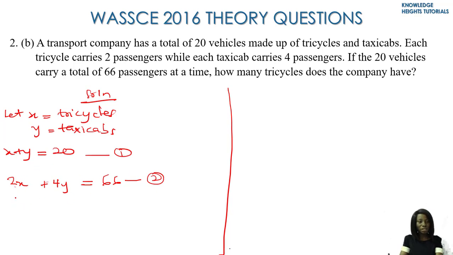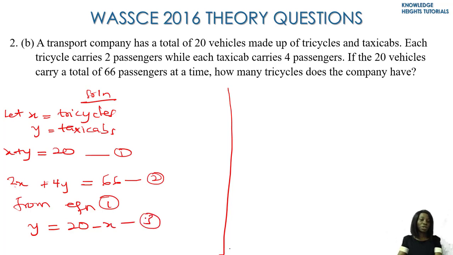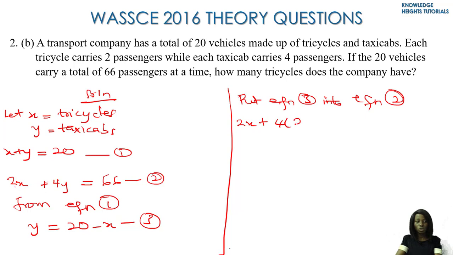But from equation 1, we can say that y is equal to 20 minus x. This is equation 3. So let's try to substitute equation 3 into equation 2. So wherever you find y, you put 20 minus x, right? So we have 2x plus 4 into 20 minus x is equal to 66.